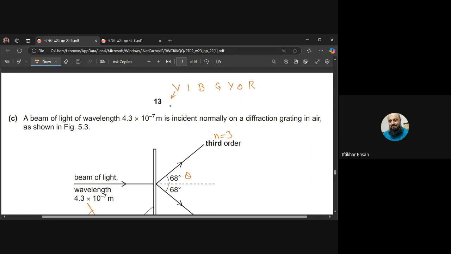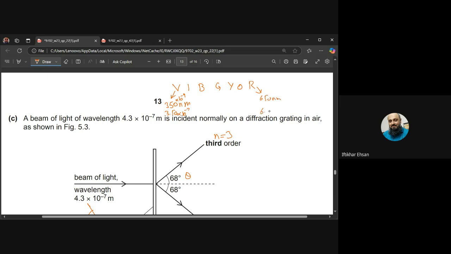that the wavelength of violet is 350 nanometer. Nano means 10 raised to power minus 9. If you multiply minus 9 with this, it will be 3.50 × 10^-7. The red one has 650 nanometer.